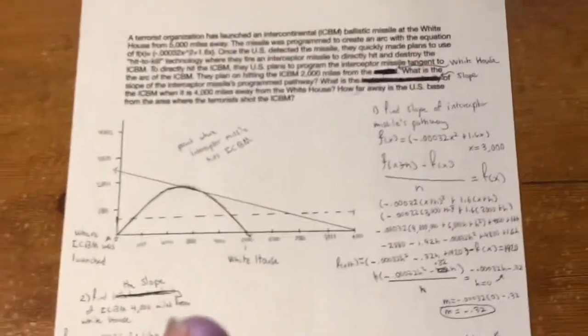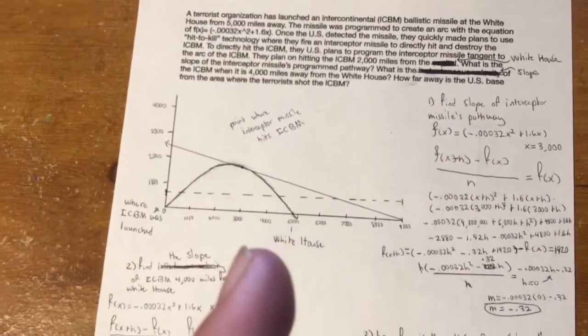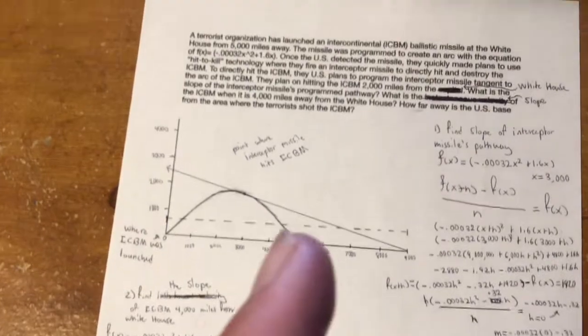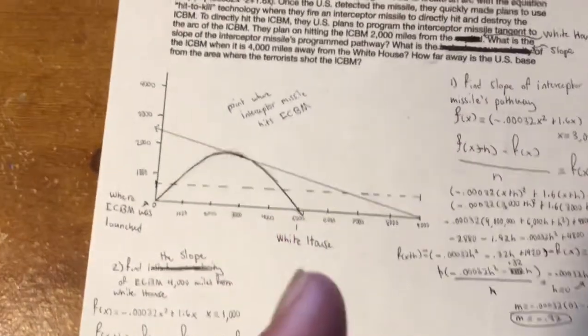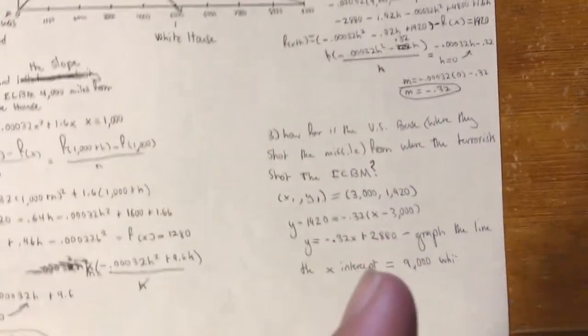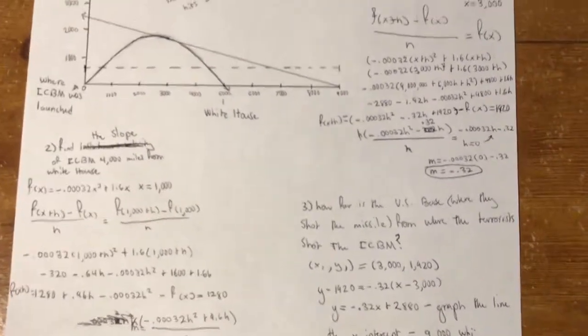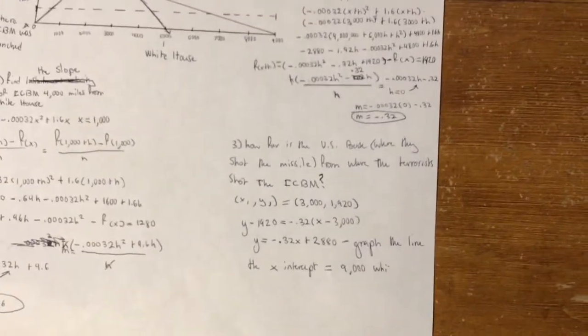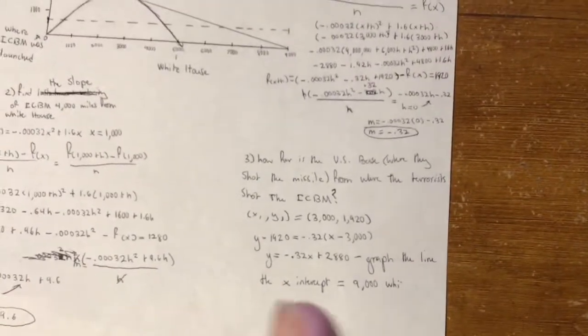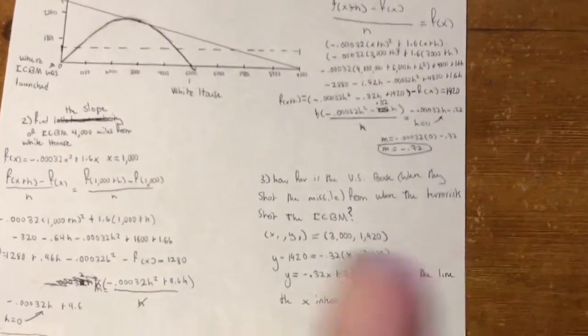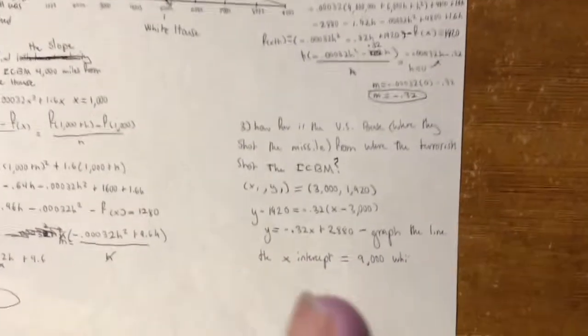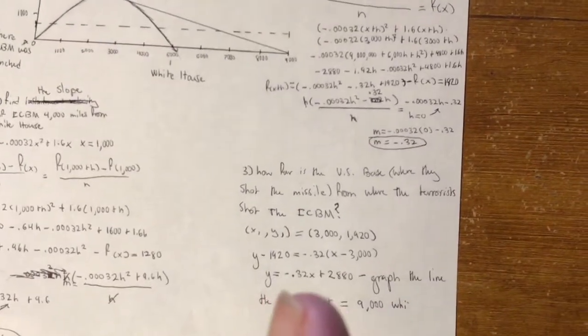So to figure this out, you had to plug in the x and y coordinates where the interceptor missile hit. And that coordinate was (3,000, 1920). And we used the slope that we got from the interceptor missile's pathway, and that gave us this formula right here when we use point slope form.